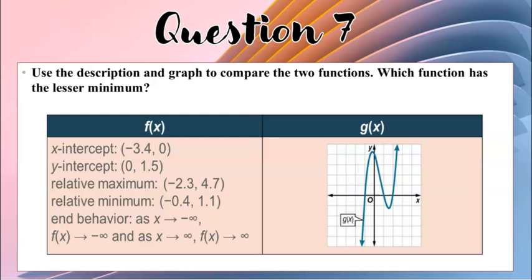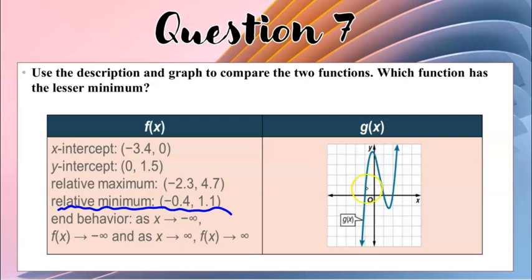Question 7. Use the description and the graph to compare the 2 functions, and then which function has a lesser minimum. So what I would do in this one is take the description and plot the minimum on there because I already have a graph for g of x. If I go to the relative minimum here, they said it's at -0.4 and 1.1.